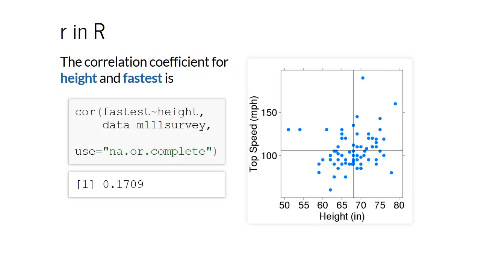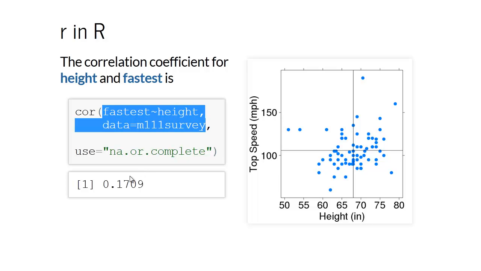The computation of the correlation coefficient can be rather cumbersome. There's a function in R that computes it for us. So the correlation coefficient for the variables height and fastest from the M111 survey data can be computed using the cor function in R. Notice that the input to this function is the same as the input was for the xyplot function.